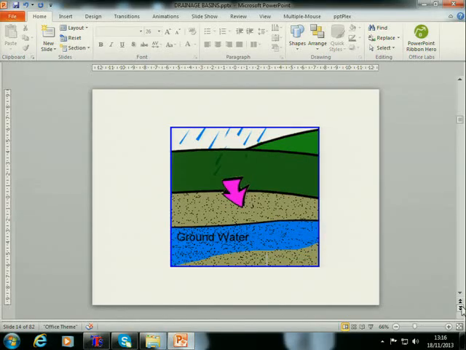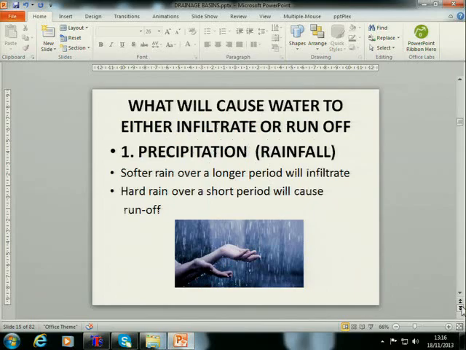And the groundwater, those are the water particles that will go into the ground. It will infiltrate. In other words, that will be the blue parts. Now, what will cause water to either infiltrate or run off? Please remember, the runoff and the infiltration form part of the river system and the drainage basin.